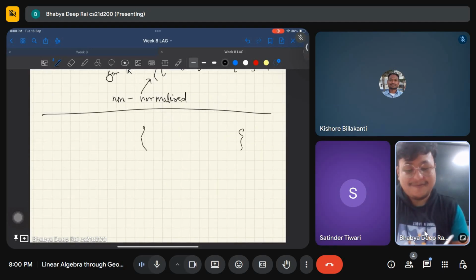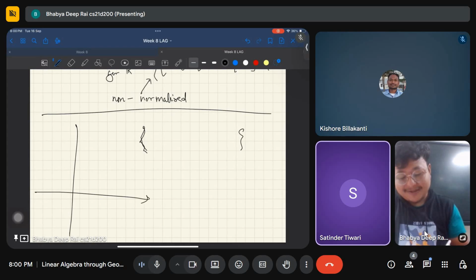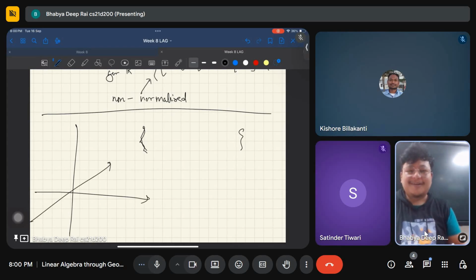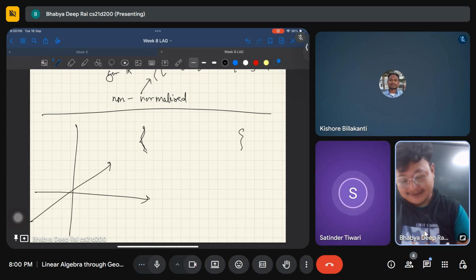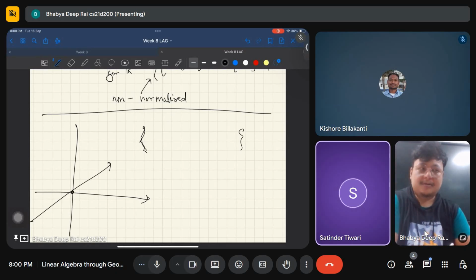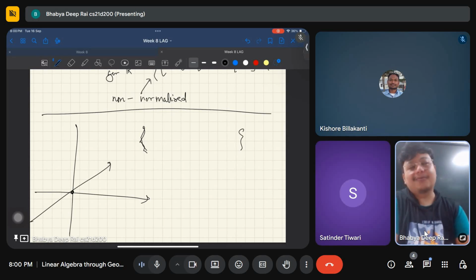Now you may think, if I don't want them to lie on the x, y, z axes, how do I achieve that? By rotation. If I rotate them, the basis will be something different. But what will be the angles of rotation?